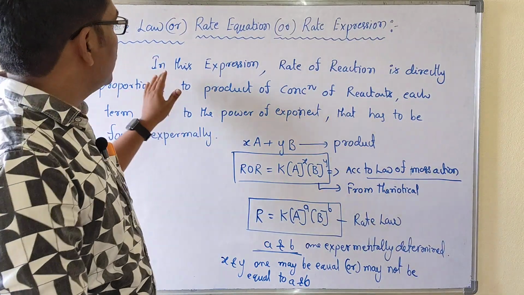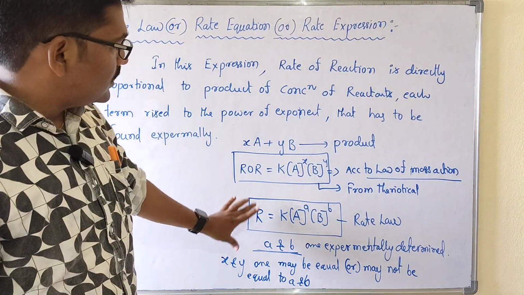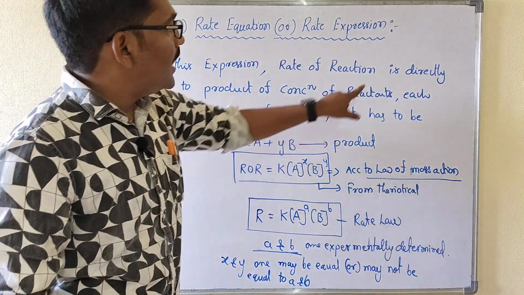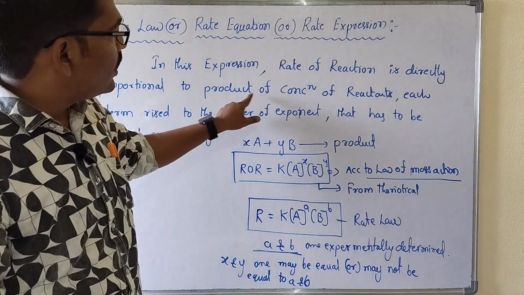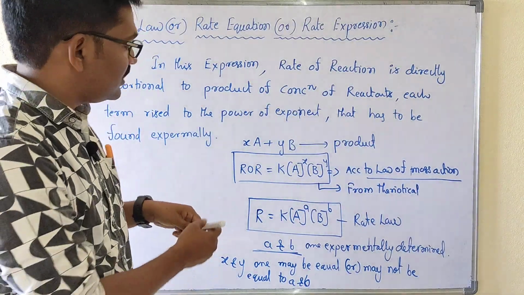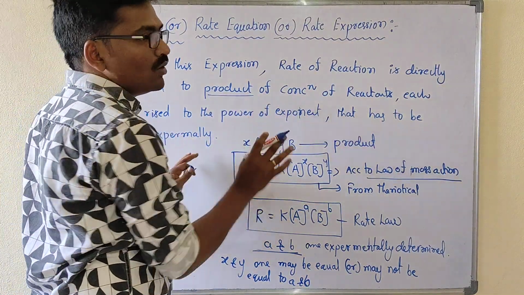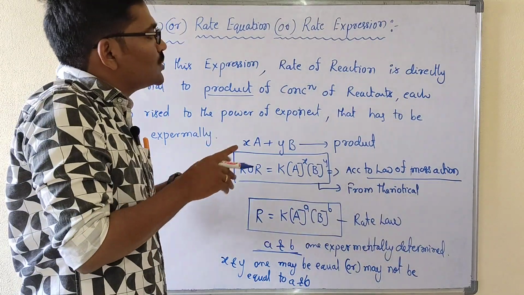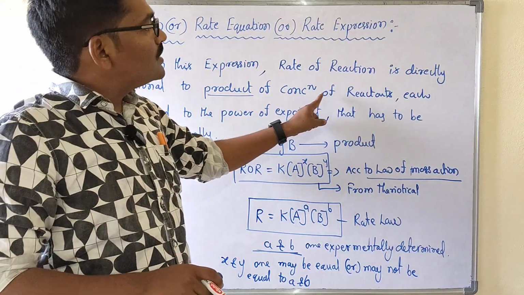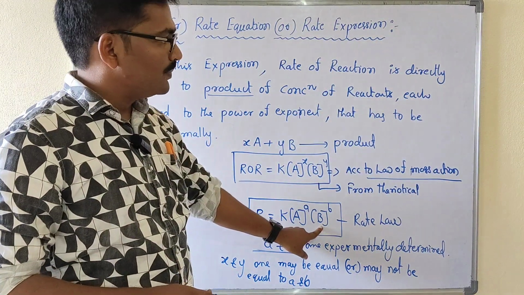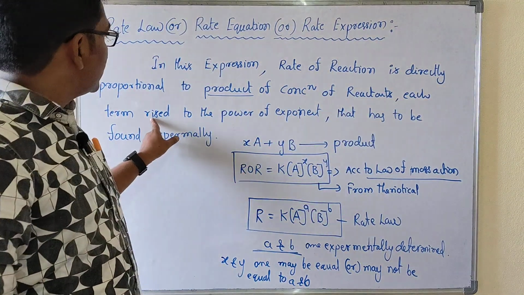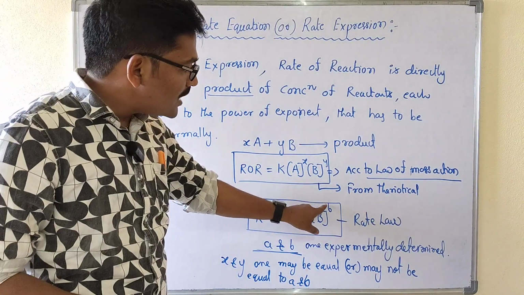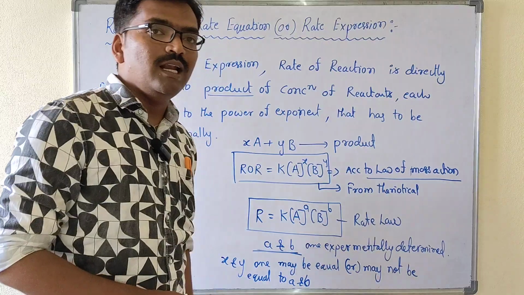So according to the statement I told, in this expression, rate of reaction is directly proportional to the product, meaning here the multiplication, not the product of the reaction, of concentration of reactants. Each term is raised to the power of exponents that has to be found experimentally.